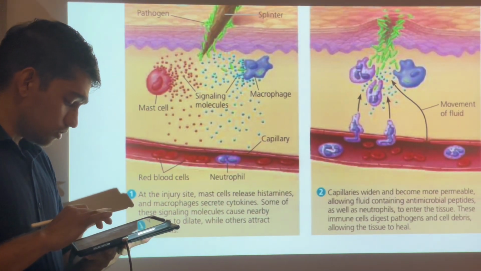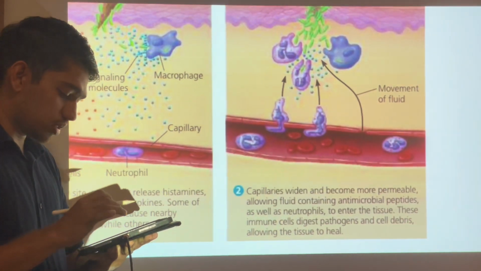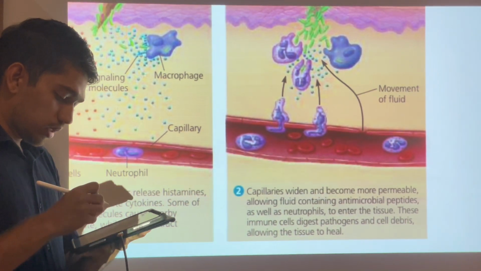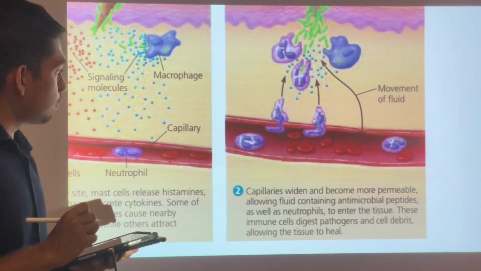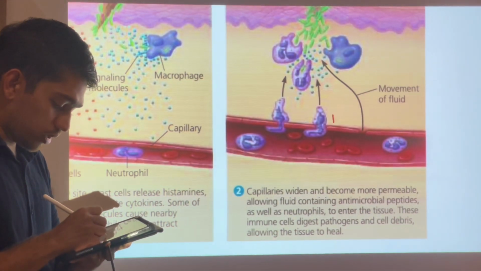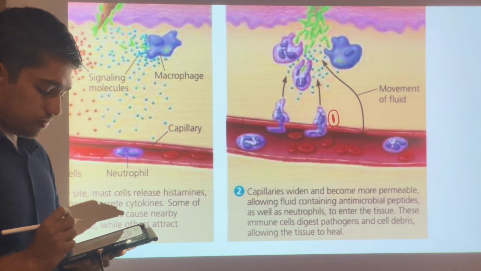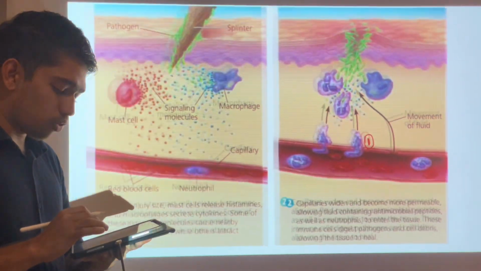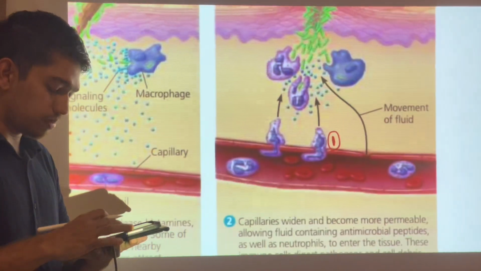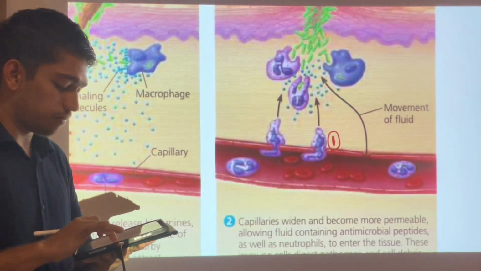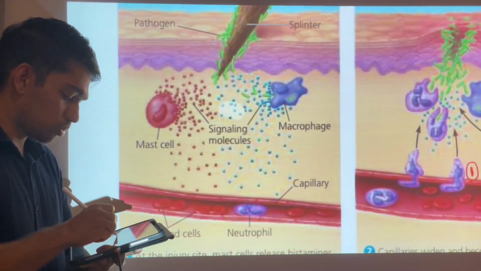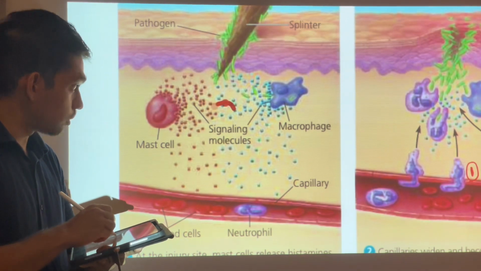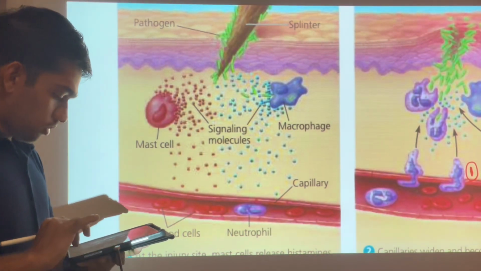So this is the normal situation, and this is what's going to happen. This is step 1. Can you see? These immune cells are now going through the pores that are open in blood vessels. That is because of increased permeability, which was increased due to these signaling molecules mentioned here.